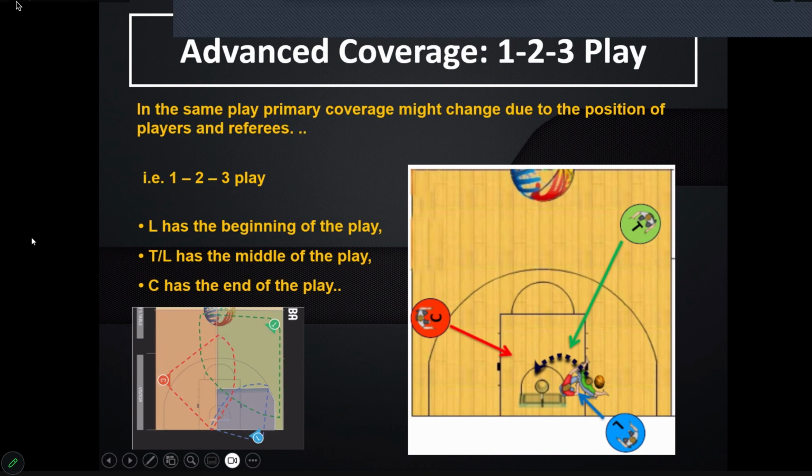So that's all I'm going to talk about for coverage. Does anybody have a specific question about coverage, any of the diagrams I just showed or the videos? Did someone have a question? No, we're good. Okay. All right.